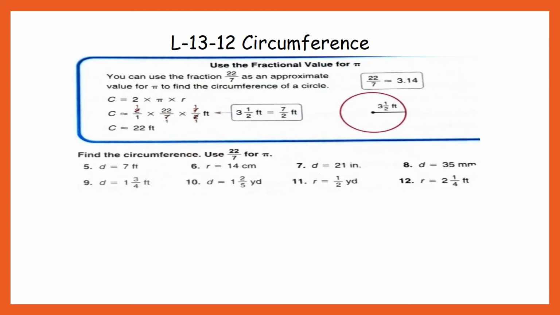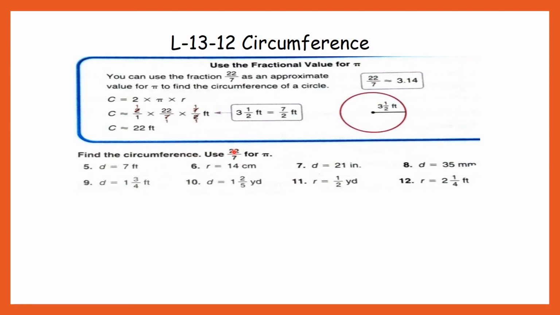Now find the circumference using the value of pi as 22 by 7. Before you learned, 22 by 7 is 3.14. In the previous questions, you were using 3.14. In these questions, you are using 22 by 7.